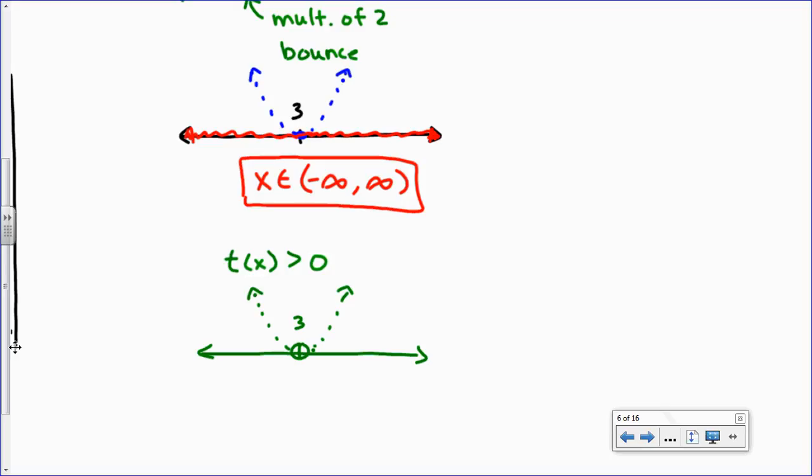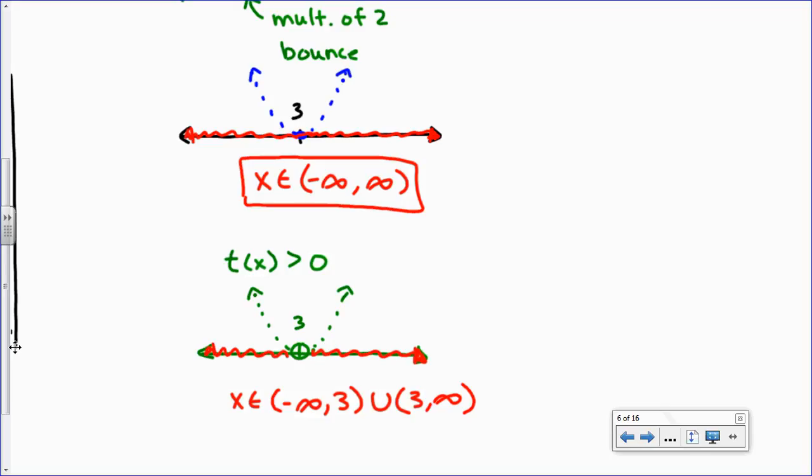Okay, if that's the case, then your answer is everything except 3, because you can't count it because it's not equal to anymore. So remember how to skip a number, negative infinity to 3, union 3 to positive infinity. So can we see the difference between the equal to and the not equal to?